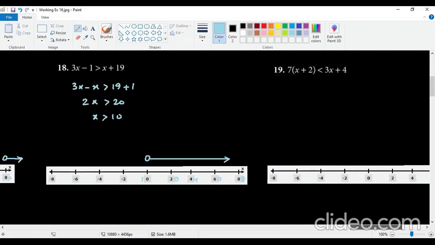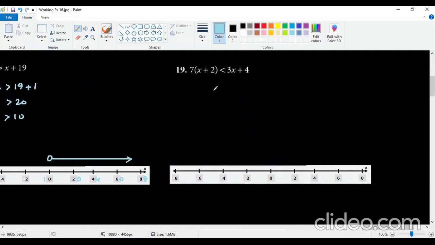When it comes to question number 19, I will simplify the brackets first, giving you 14 less than 3x plus 4. That means 7x minus 3x less than 4 minus 14.